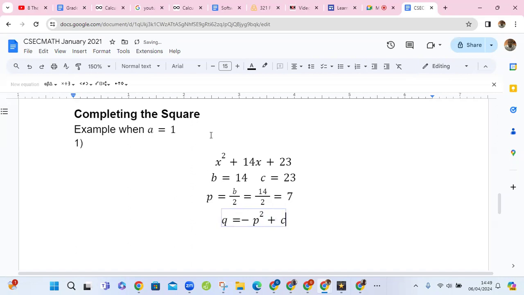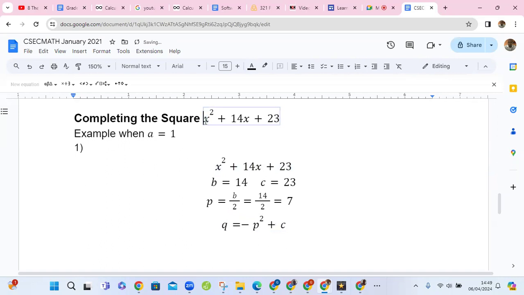Okay, because basically in completing the square, what we want to do is to transform ax squared plus bx plus c so it can look like x plus p all squared plus q. Okay, so that's when a is equal to 1.